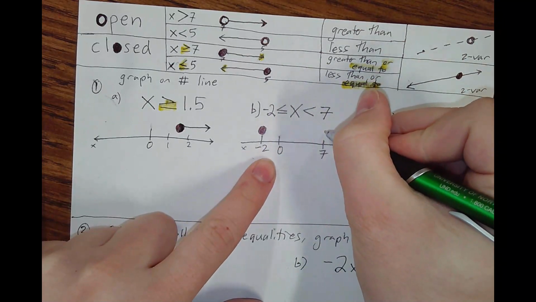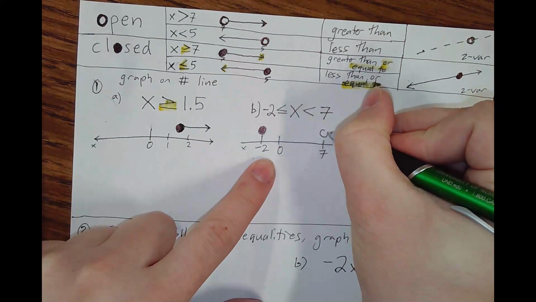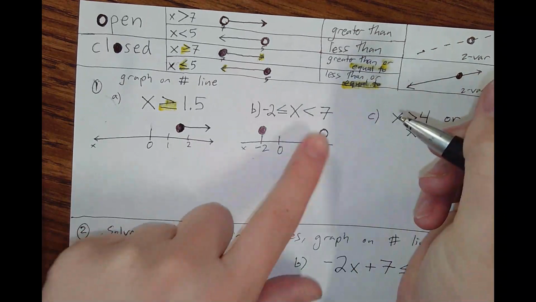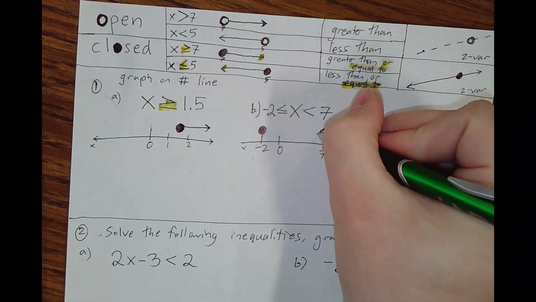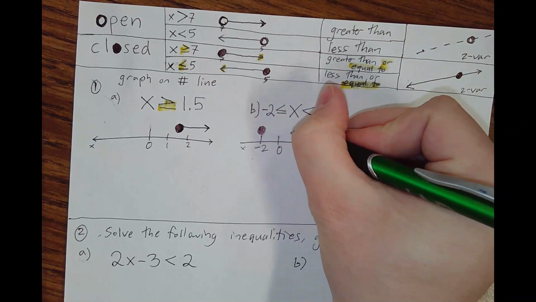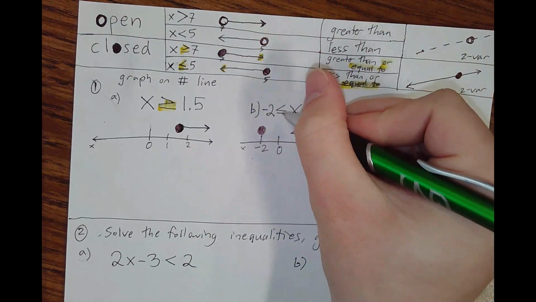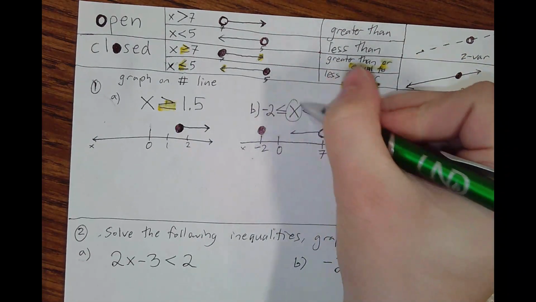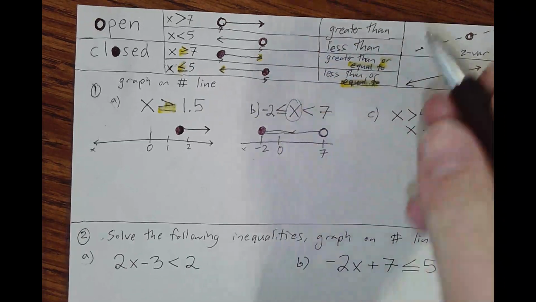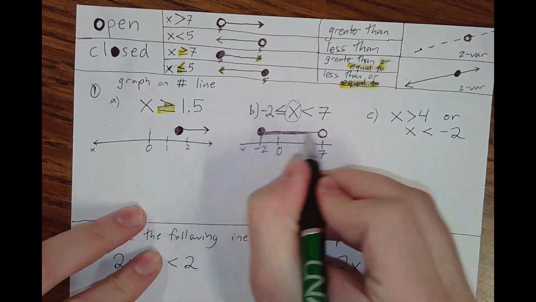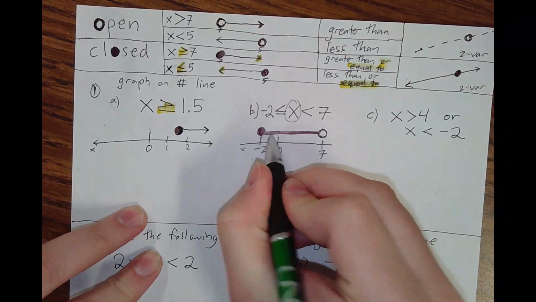And for the 7, it should include an open circle because there's no equal sign there. It's less than 7. So it should be both less than 7, and it should also be greater than, you see, greater than -2. So all of our solutions lie in between these two.